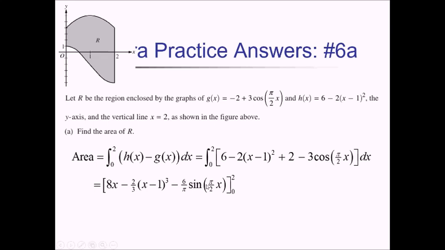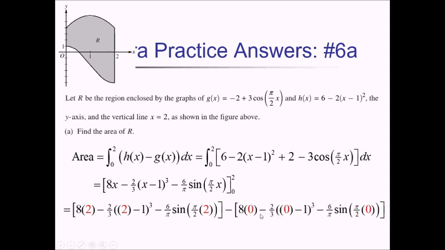So this is a fine mess. We're going to have to plug 2 into all of this stuff, like so. And then we're going to have to subtract all of this craziness with 0 plugged in. So you've got all constants at this point. That's the good news. You could actually just stop here and move on to the next part. But if we wanted to simplify, let me show you what that looks like.